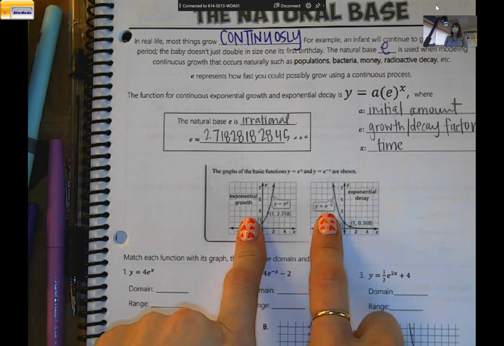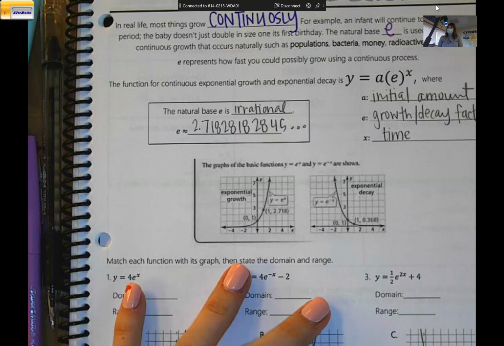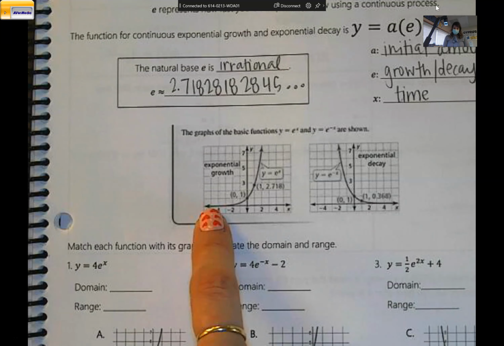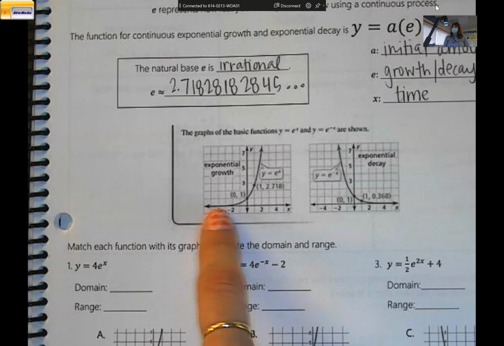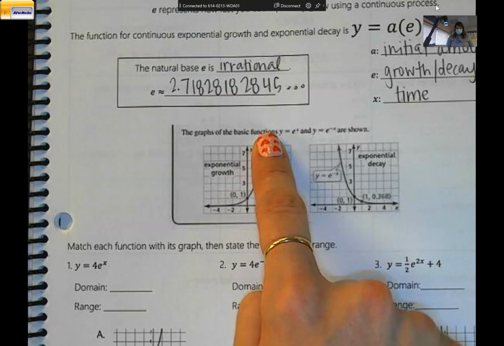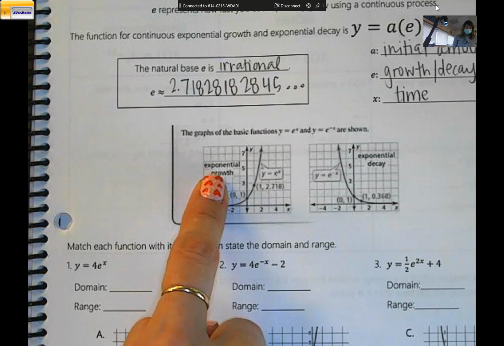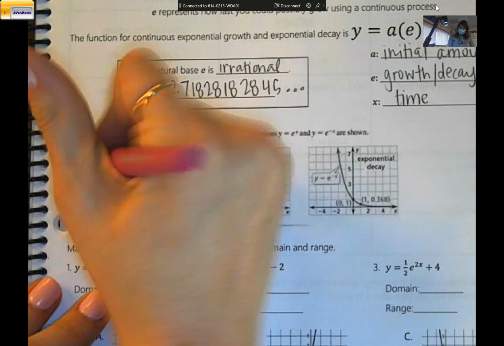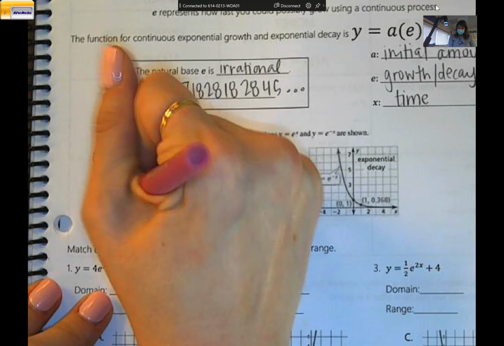Okay, well, let's look at what the growth and decay looks like. Well, these look almost exactly the same as the last graphs. So notice this starts out slow, starts out towards 0, and then gets really big all of a sudden. So this is an example of growth. And this is the function y equals e to the x.